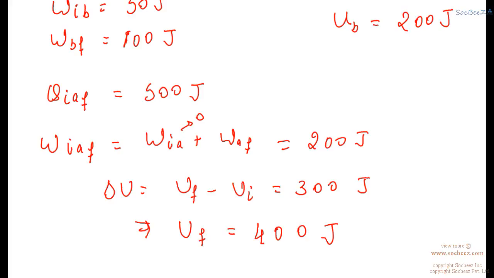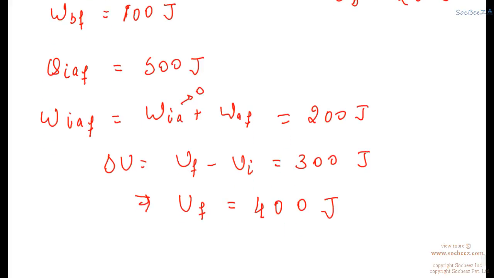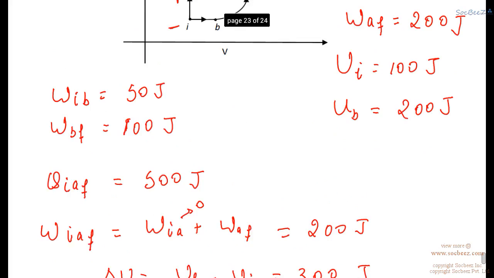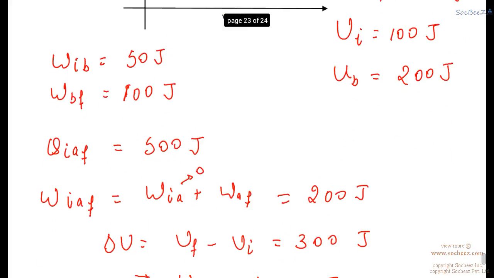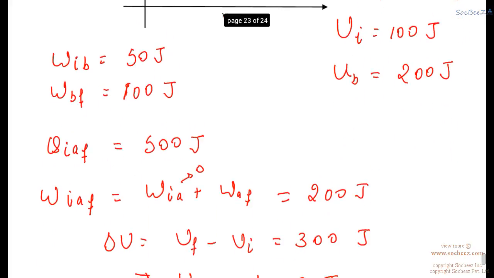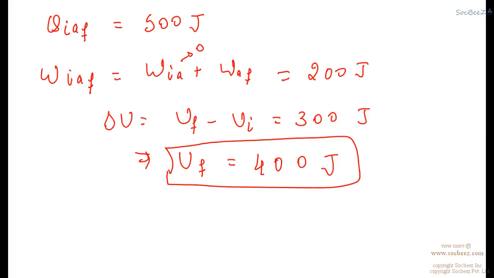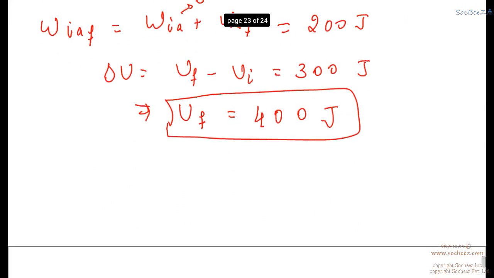So from here UF is 400 joule. Delta U is Q minus W, which comes out to be 300 joule. So from here UF is 400 joule.